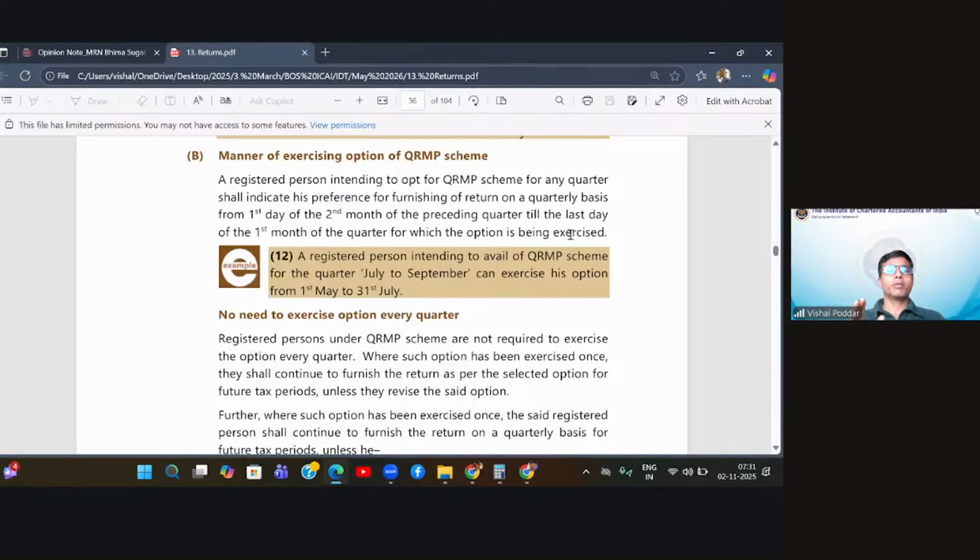So let us say I want to exercise this now. In this particular case, I can exercise this option from the first day of the second month of the preceding quarter. Now, which is the first day of the second month from the preceding quarter? If I'm talking about the quarter October to December, when will this date start?